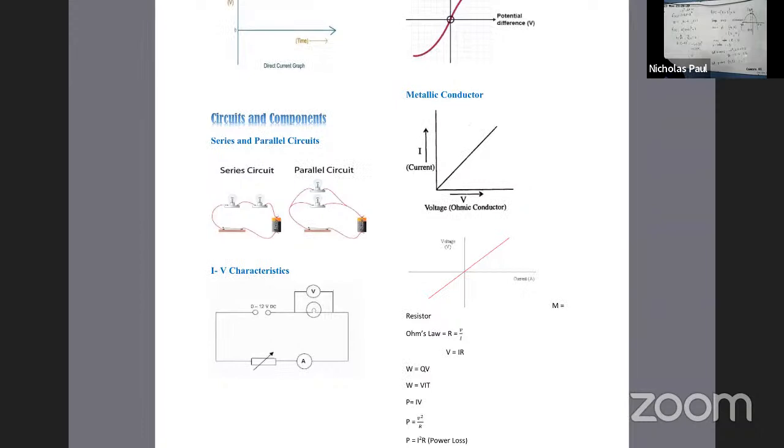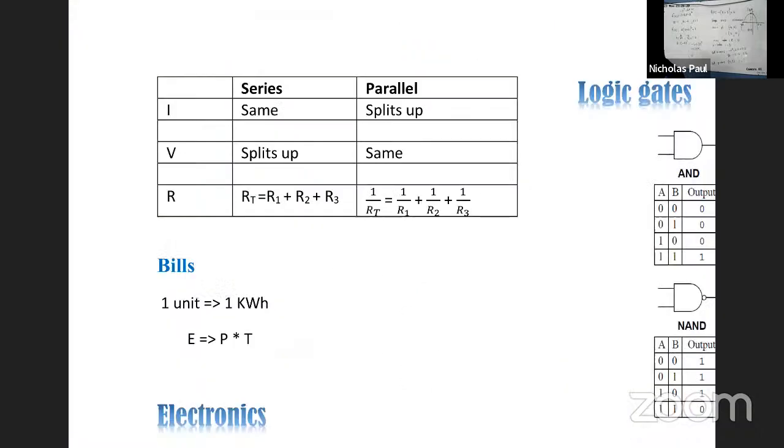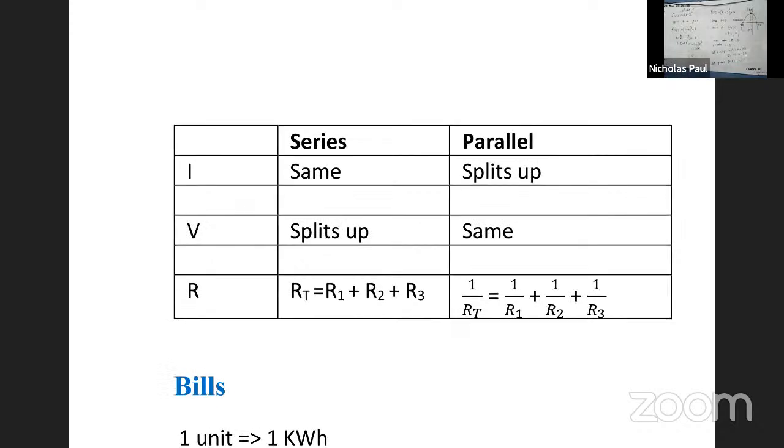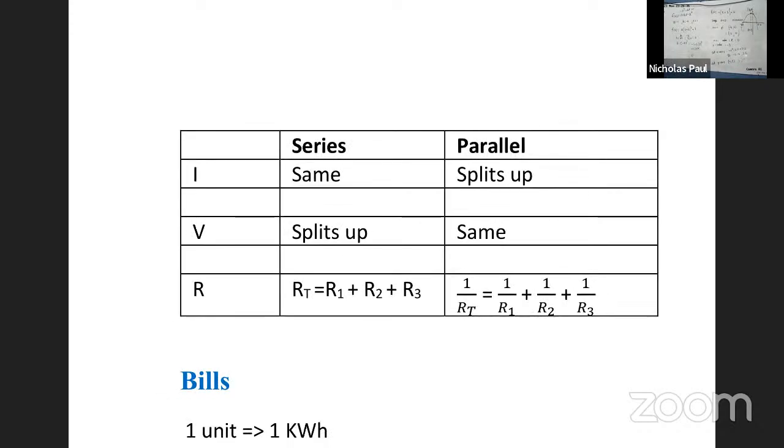Before I do IV characteristics, here is the most important table. This table is very important for all the calculation. You need to know how current, voltage, and resistance behave. In a series circuit, current is the same. In a parallel circuit, current is split up.